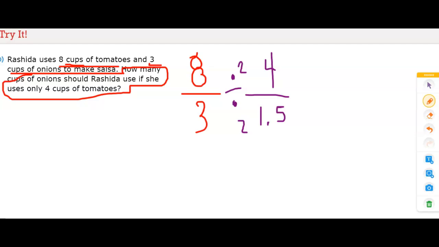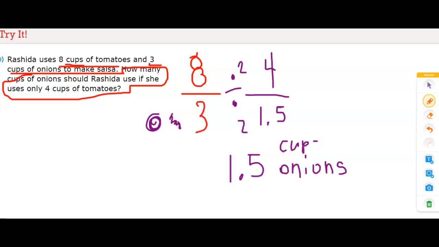Thankfully, this is not the final answer because that's not a usual fraction we see, but it asks how many cups of onions, and this denominator here represents the onions. So the answer would be 1 5/10 or 1.5 onions if she used 4 cups of tomatoes. And that's it.